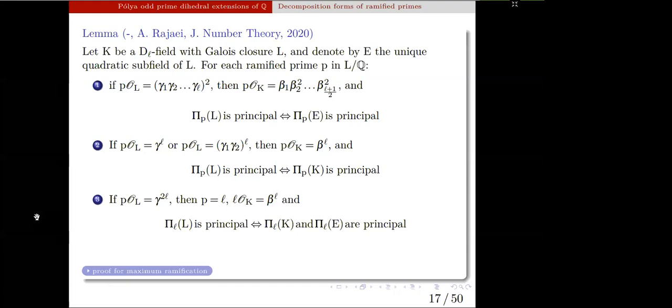Namely, for instance, whenever the ramification index of p in L for a ramified prime in L is 2, then the principality of the Ostrowski ideal Π_p of L is equivalent to the principality of the corresponding Ostrowski ideal in E, and so on. It should be mentioned that the proof of this lemma is accomplished by localization using ramification groups and considering the norm and epsilon maps for the respective relative extensions.